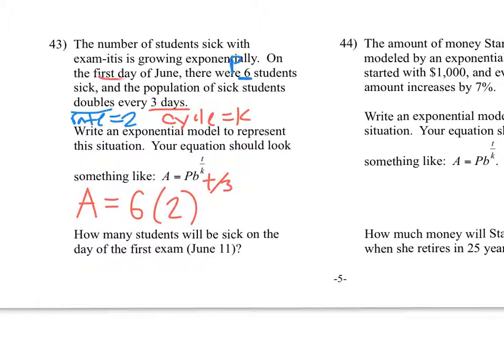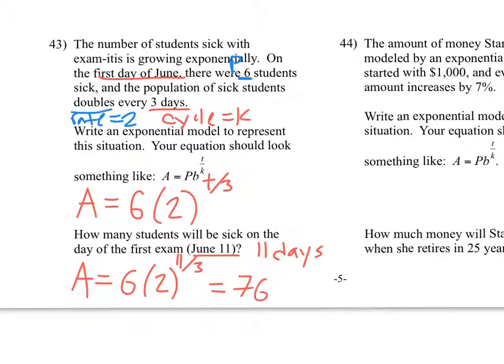So this is June 1st, and to get to June 11th, I guess we can think of this as either 10 days or 11 days, depending on whether we include this. I'm just going to say this is going to be 11 days. Either way, you'd get credit for this as an answer. And we're going to plug 11 into our formula there. So we've got A is equal to 6 times 2 to the 11 over 3. And when we do that, we end up getting 76-ish students.